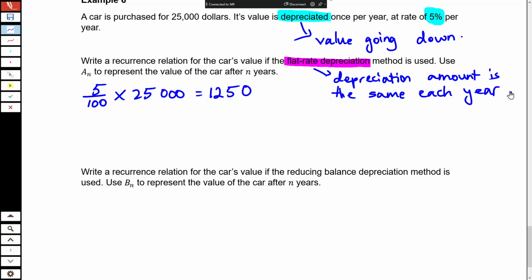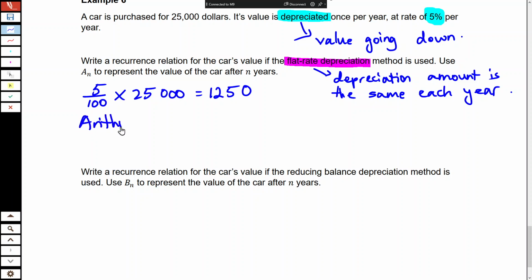And that means every year the value of the car is going to go down by 1250. I don't have to recalculate it again after the second year. That would be the reducing balance depreciation method. So here, start at 25,000, go down by 1250 each year.